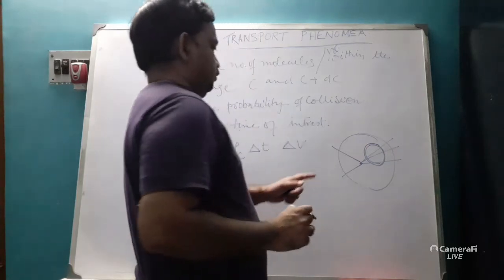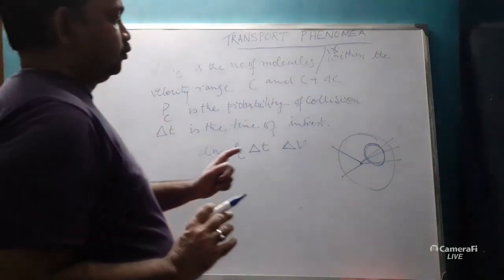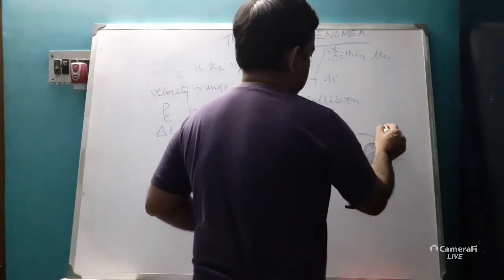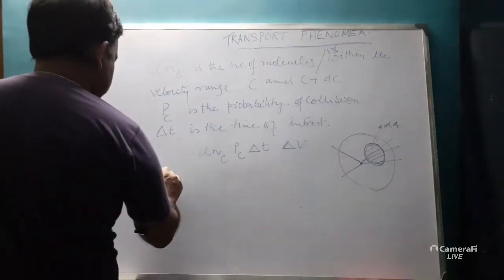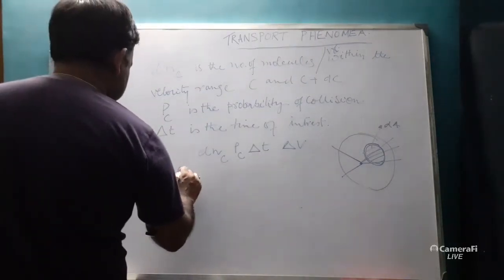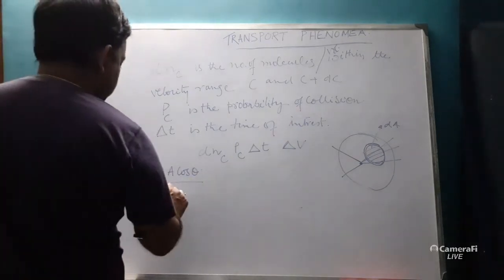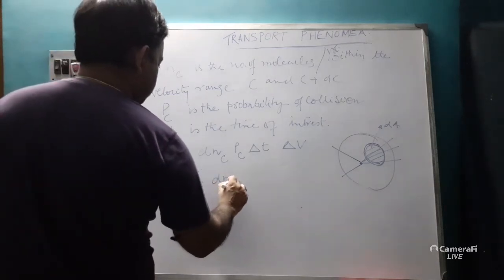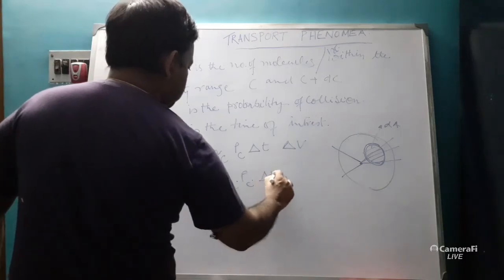So the amount of particles moving towards this elementary surface dA can be given as dA cos theta by 4 pi r square dNc Pc del t.